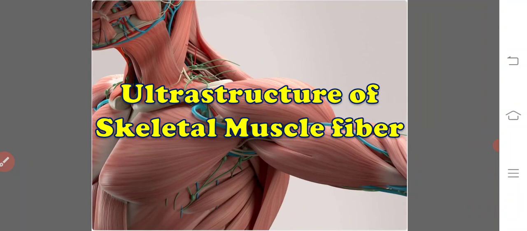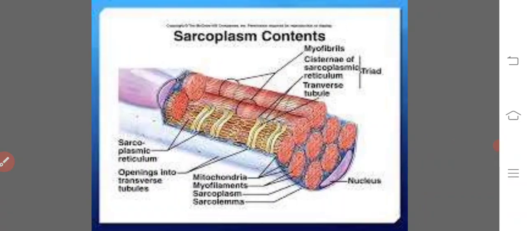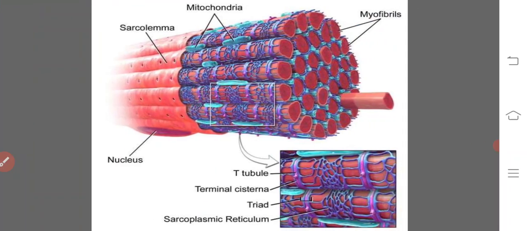Coming to the ultrastructure of the skeletal muscle fiber. The skeletal muscle is composed of hundreds to thousands of cells, which are called muscle fibers, otherwise the myofibrils. These muscle fibers look elongated in shape.